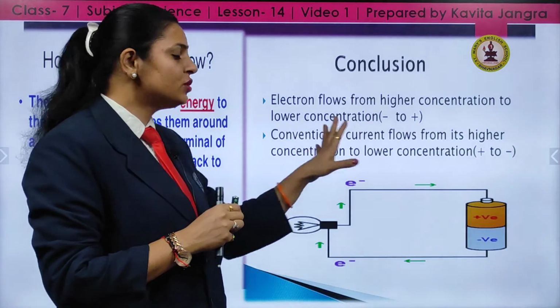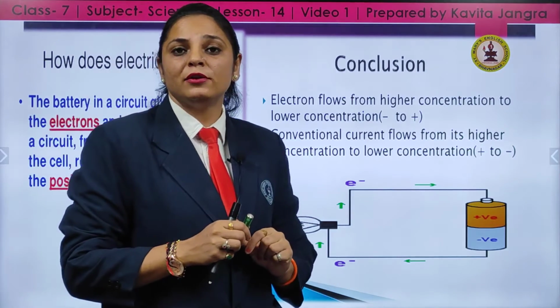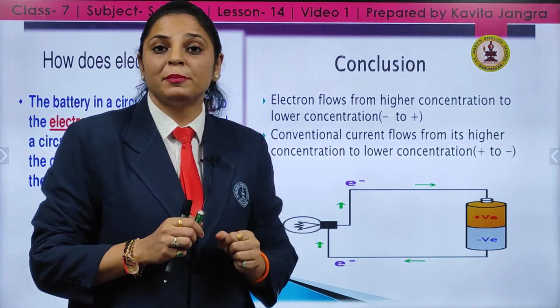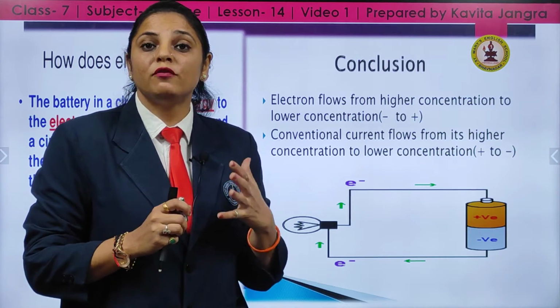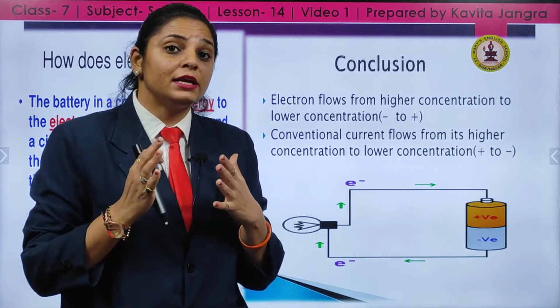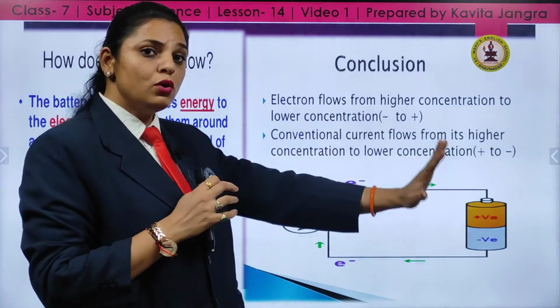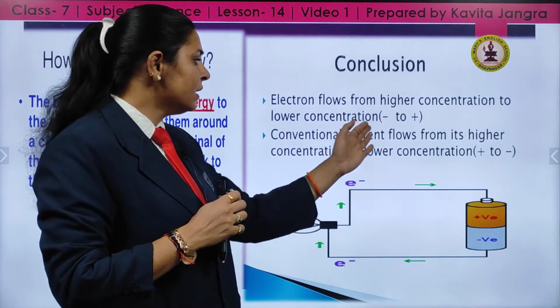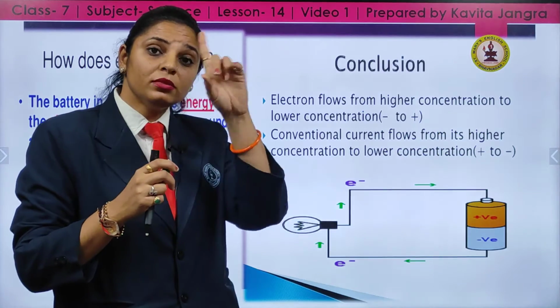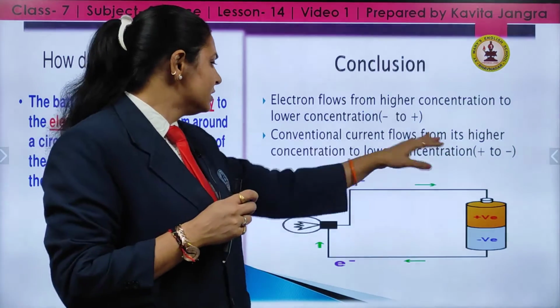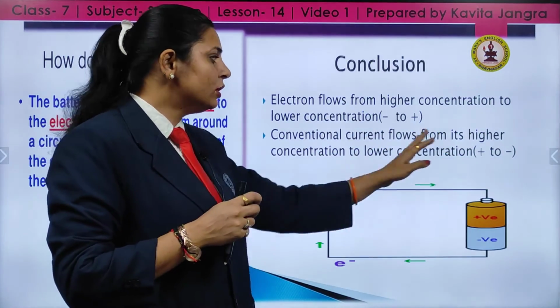Conventional current: if you remember, I taught you earlier in the heat chapter the conventional flow of heat, from high concentration to low concentration. Similarly, conventional current will flow from high concentration to low concentration.